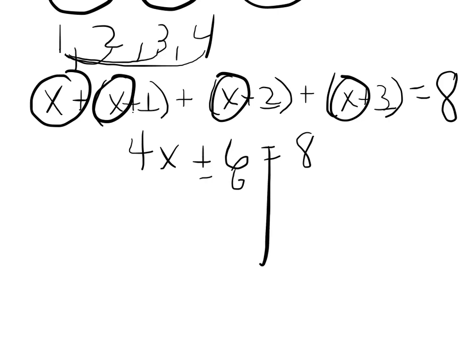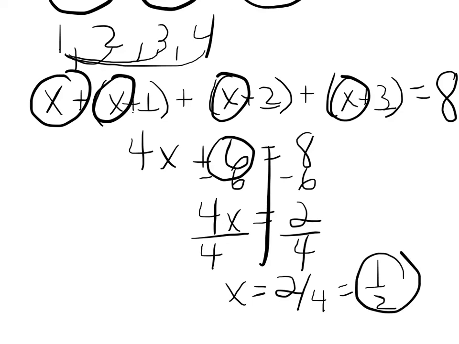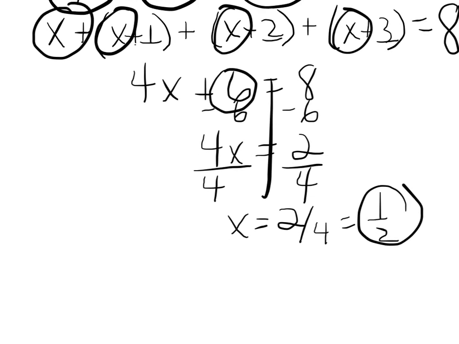Okay, so subtract 6 on both sides. And I now have 4x is equal to 2. Divide by 4 on both sides. So x is going to be equal to 2 fourths, which is equal to 1/2. Okay, so now that I know x, let's go ahead and plug into our original equation.